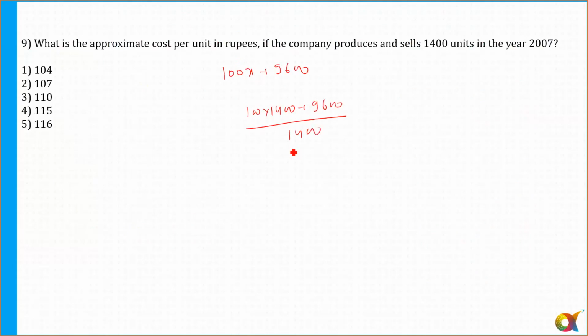Per unit, so total cost upon number of units, that is 1400. If I solve this, it comes out to be approximately 107. And this is the answer. Any doubts to anyone? So the answer is option number 2, which is 107.